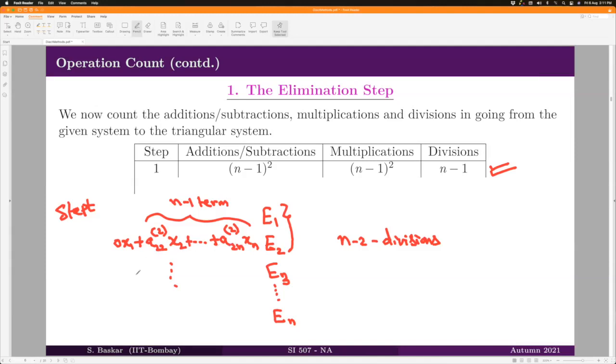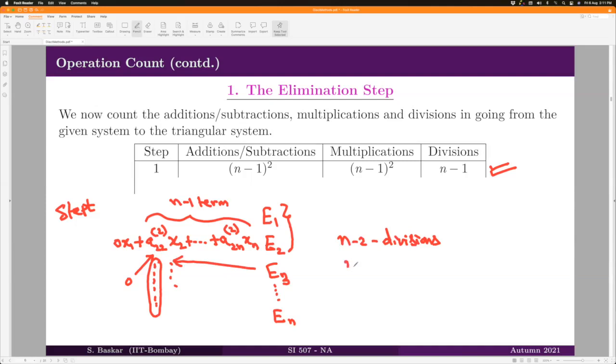Well, again, remember the second term from the third equation onwards is going to be 0. And therefore, you will not be performing any calculation for this column, that is, the second column from the third equation onwards. So you will not be counting that operation.